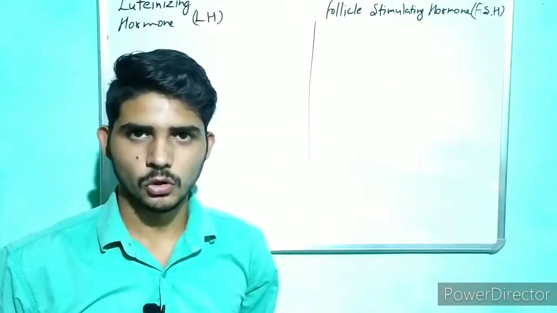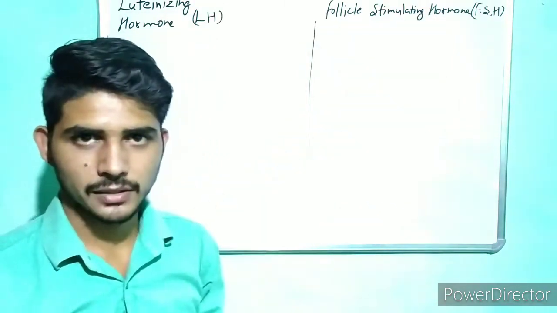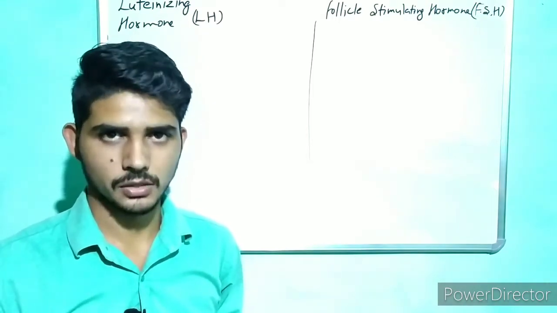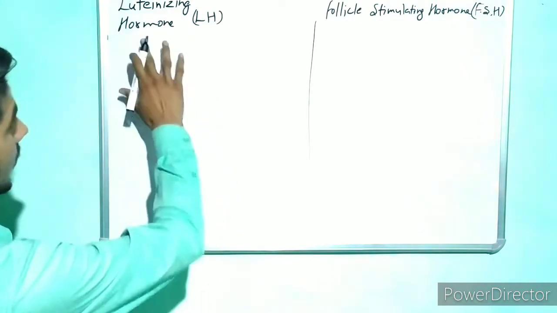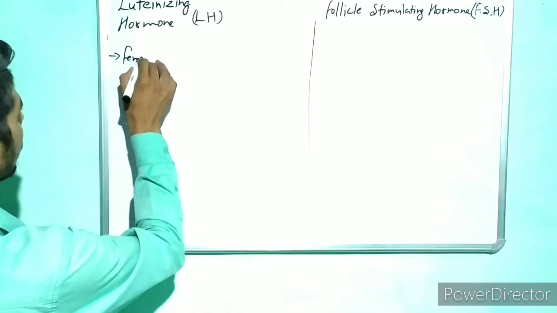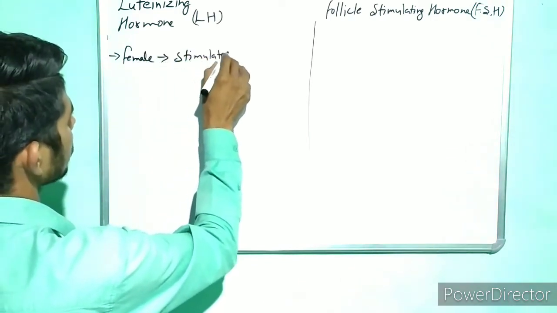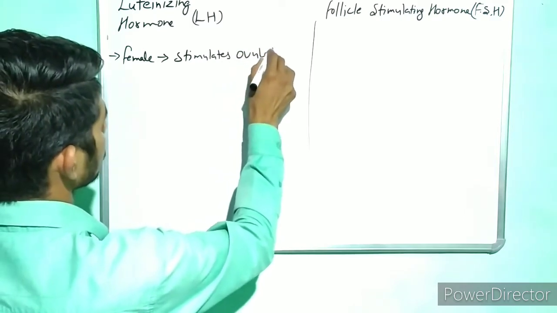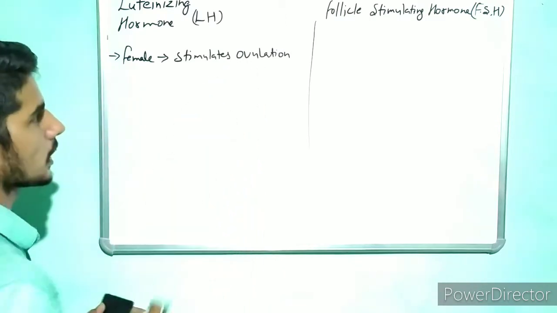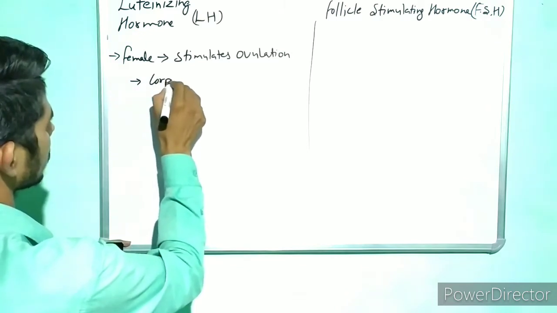Now, luteinizing hormone and follicle stimulating hormone. These hormones act on gonads, meaning testes in males and ovaries in females. Luteinizing hormone in females stimulates ovulation, meaning release of the egg, and after the release of the egg a structure is formed called the corpus luteum.